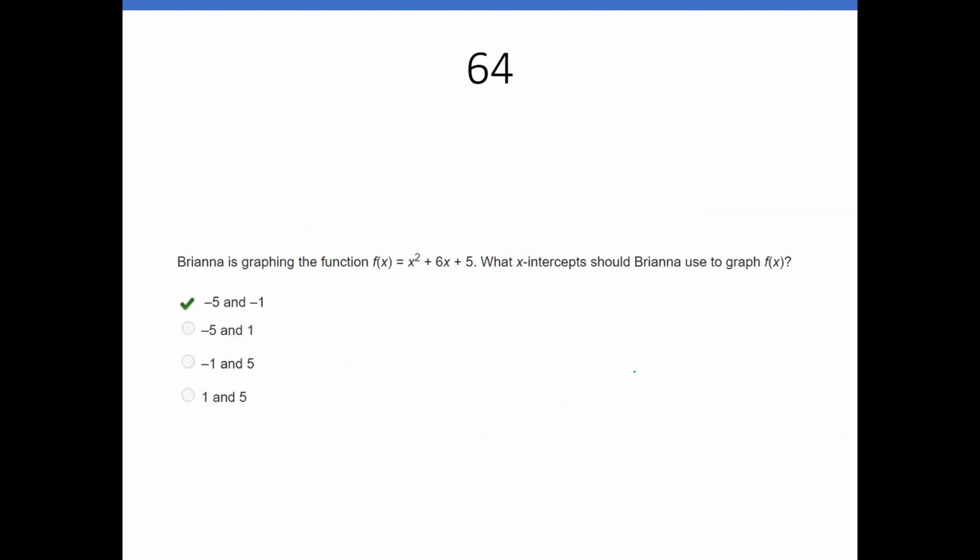Okay, number 64. Go ahead and take a moment and read that. Brianna is graphing that. What are the x-intercepts? So when I ask for the x-intercept, it's just saying what is x equal to when y equals 0.